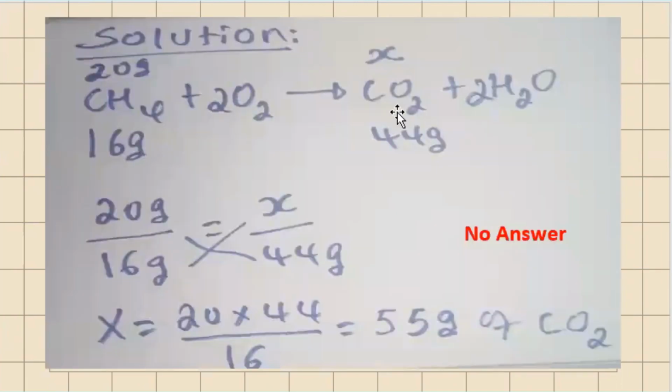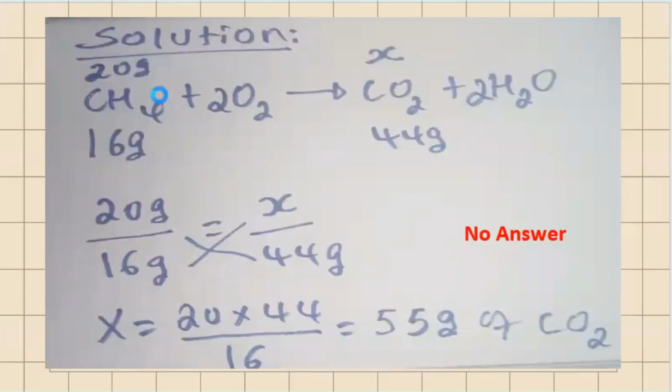Methane plus oxygen produce carbon dioxide and water. Okay, then balance this chemical equation. 1 mole of CH4 reacted with 2 mole of oxygen to produce 1 mole of carbon dioxide and 2 mole of water. We have 20 gram of methane used to produce X amount of carbon dioxide. If 16 gram of CH4 is used to produce 44 gram.